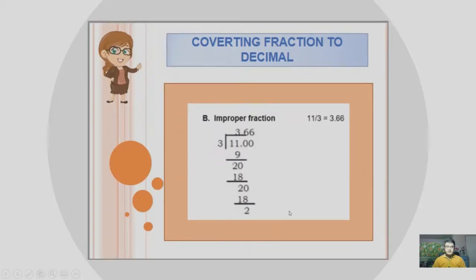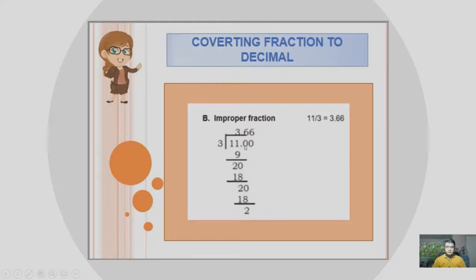Next is the improper fraction. 11 over 3 is an improper fraction. 11 divided by 3 is 3. 3 times 3 is 9. 11 minus 9 is 2. 2 divided by 3 cannot be done.